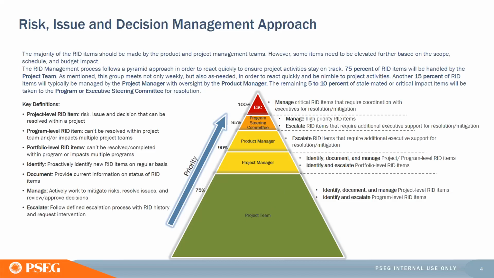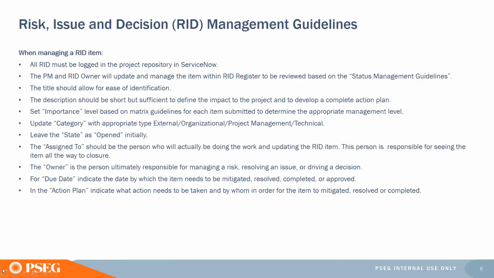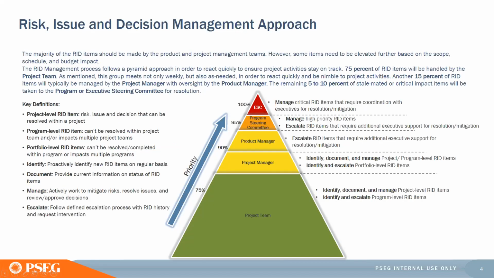The expectation is that the project team would meet weekly to evaluate and assess risk. As it increases in priority, it's managed by the project manager, the product manager, and the program steering committee, which manages high priority items, and then executive level manages critical RID items.